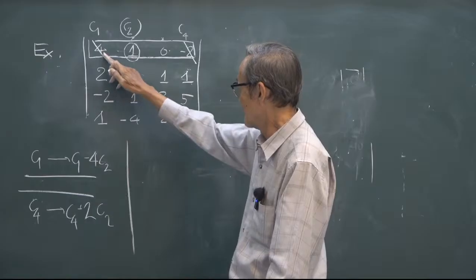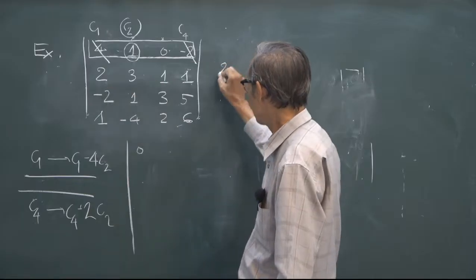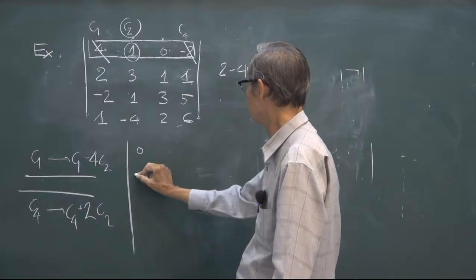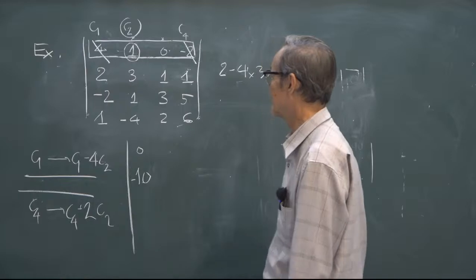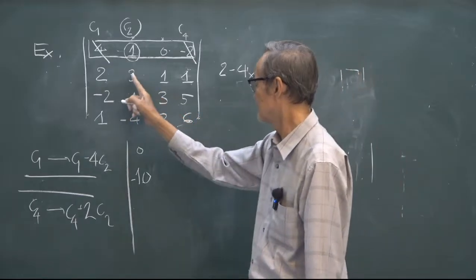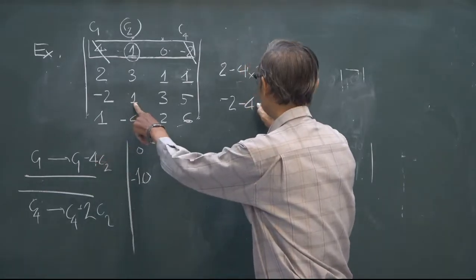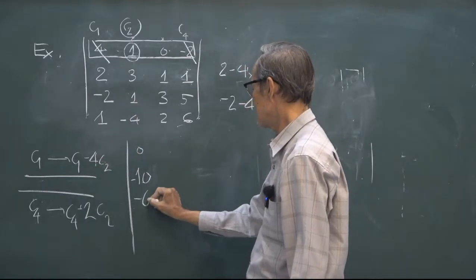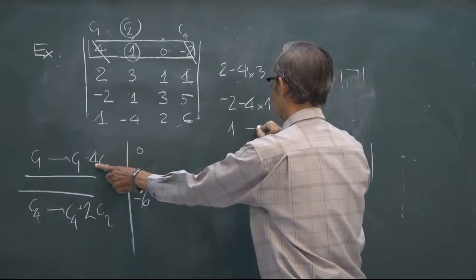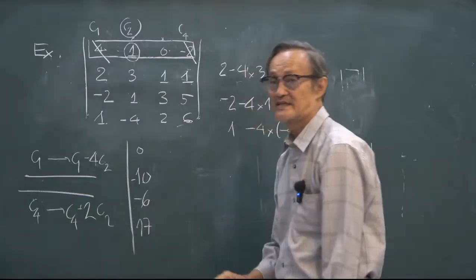Transform column 1, 4 minus 4 is 0. 2 minus 4 of this, minus 10. 2 minus 4 of this, minus 4. 2 minus 4 of this, minus 6, and 1 minus 4 by minus 4, 17.